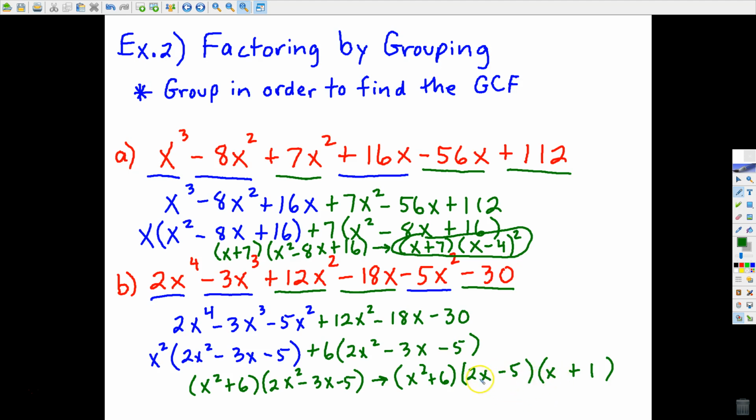We get 2x squared plus 2x outside minus 5x inside. If you put those together, you get -3x and then -5. So it checks out with FOIL, and so that ends up being the final answer, doing all the factoring that is possible.